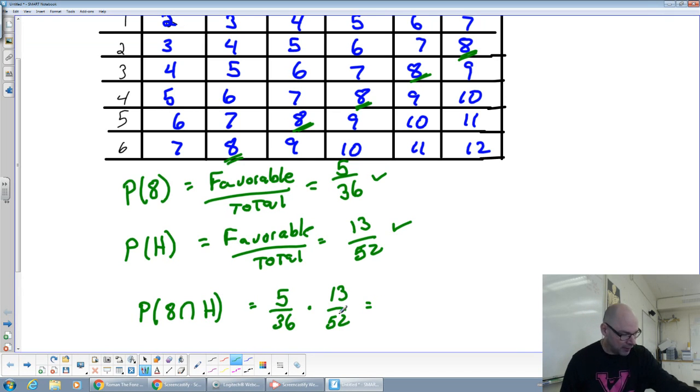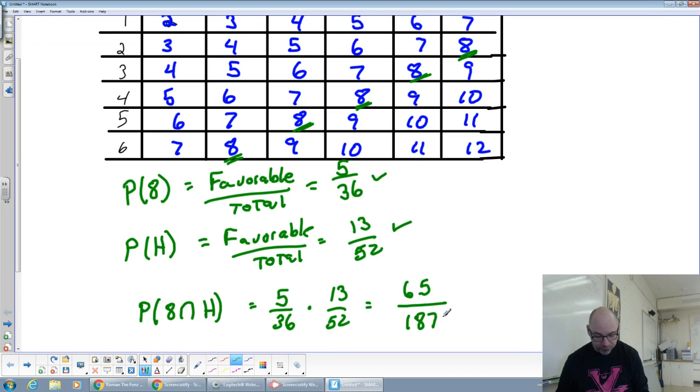Okay, so we get our calculator out, multiply the two top numbers together. 65. And then the two bottom numbers, 36 times 52, 1872. Okay, and then if you want, you can divide that on your calculator.